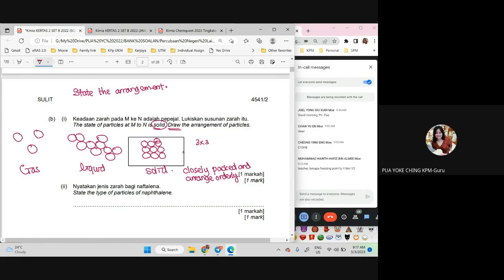Liquid is closely packed but not arranged orderly.